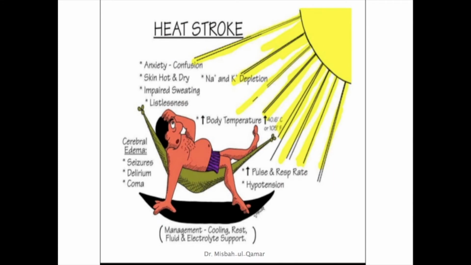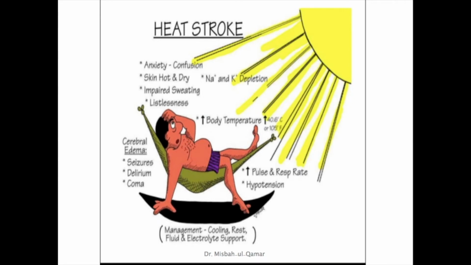Next one is heat stroke, which occurs due to failed compensation. Keep in mind that this is a life threatening emergency which damages the hypothalamus. What happens is that the core temperature rises to a point that the hypothalamus ceases to function. A very peculiar sign of heat stroke is the absence of sweating.